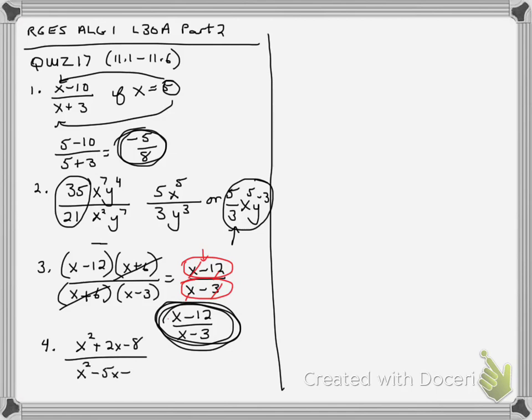I would always suggest when you're taking a test or a quiz that you check yourself when you're binomial factoring by FOILing backwards, meaning my difference is going to be 2, and so I'm going to have a plus 4 and a minus 2. And FOIL it backwards, you're going to get x squared plus 4 minus 2, or plus 2x minus 8. So I did it correctly.